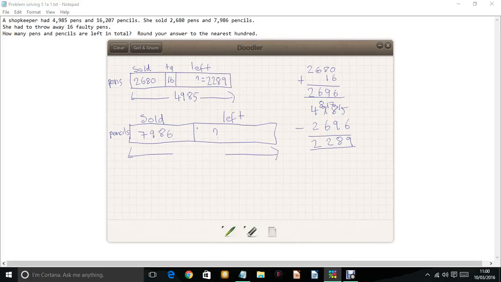So this is pencils. The total number of pencils sold was 7,986. The number we had in the beginning was 16,207. So I need to subtract this from this. So 16,207 subtract 7,986. Remember to align everything up carefully.